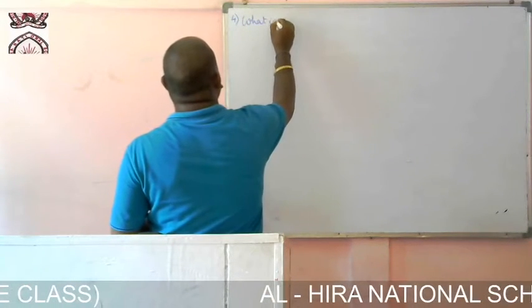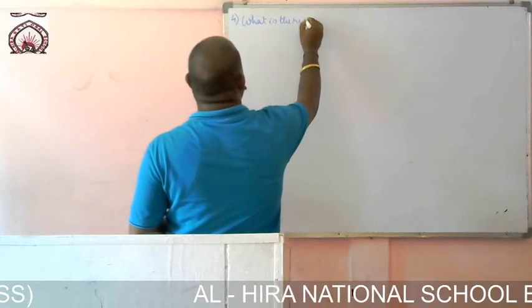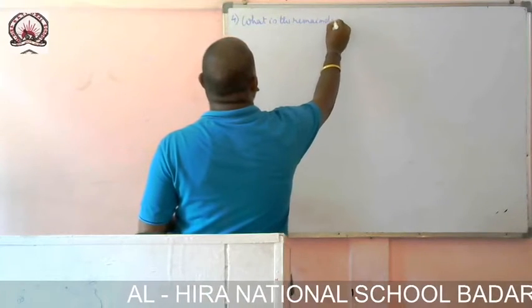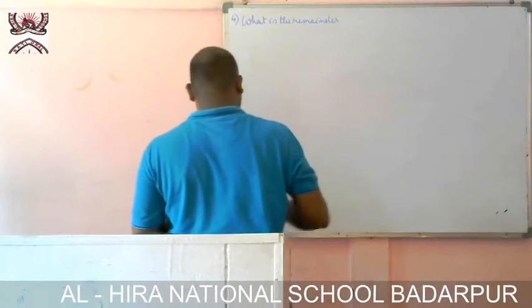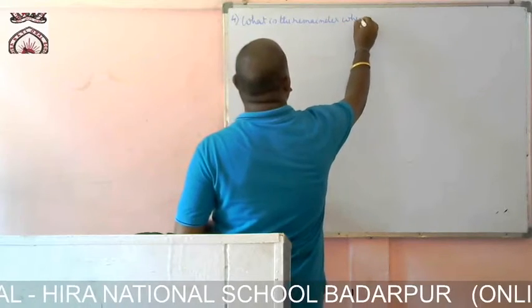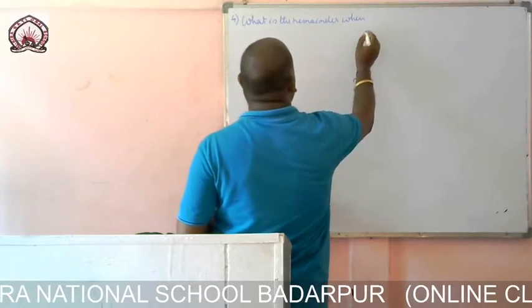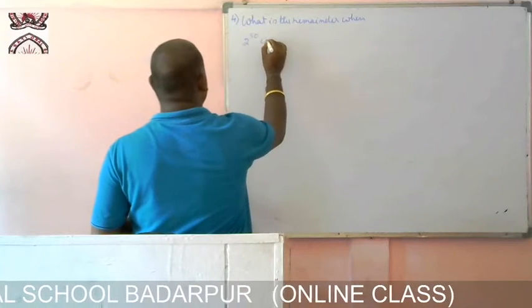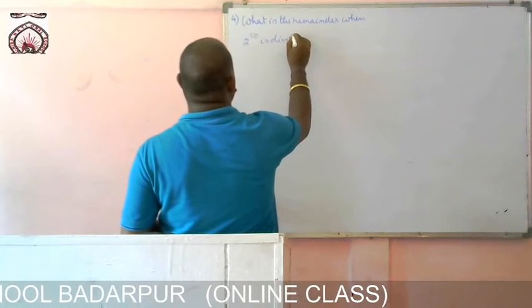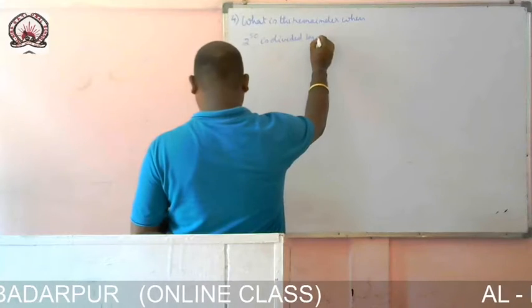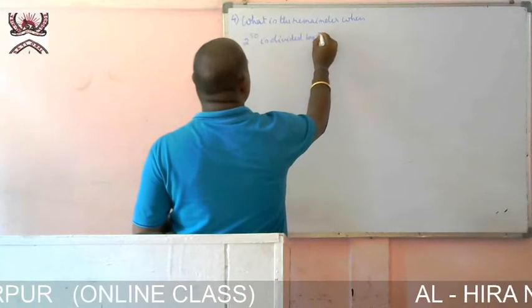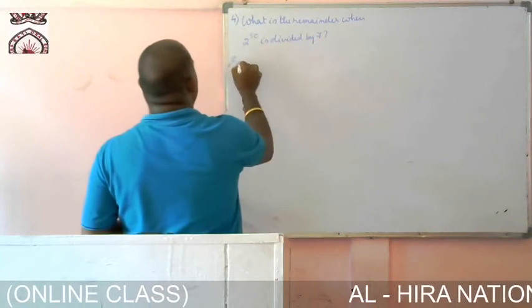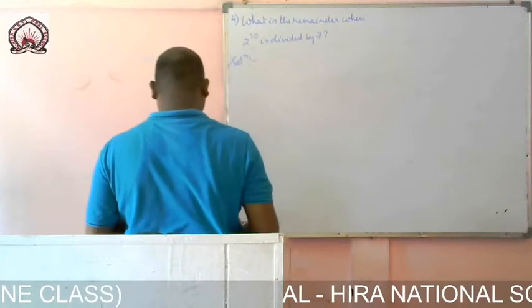What is the remainder when 2 to the power 50 is divided by 7?